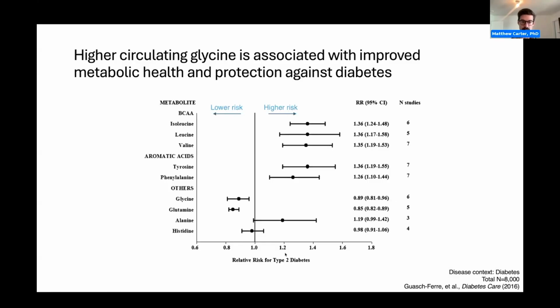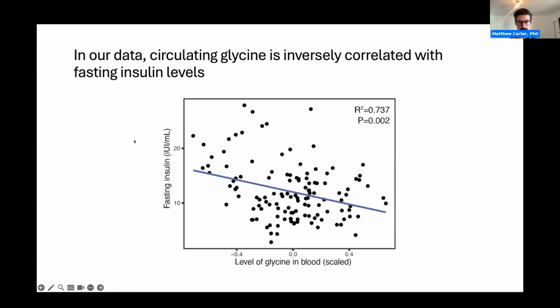So it might be not only a biomarker, but potentially could actually be involved with the etiology of certain metabolic diseases. Indeed, the subjects in our study were not diabetics, so we couldn't look at that directly.